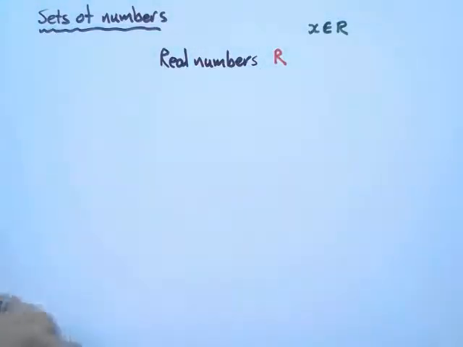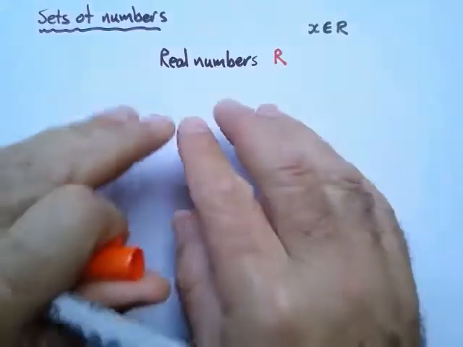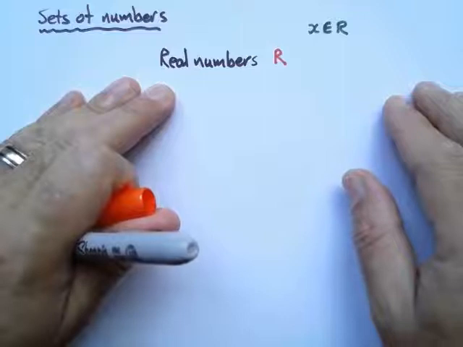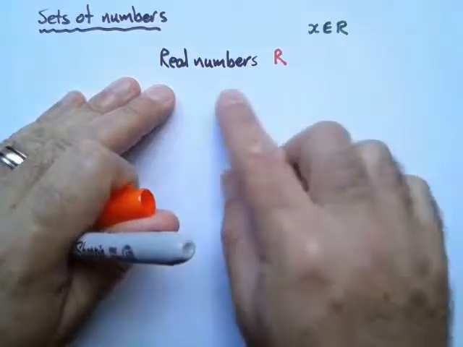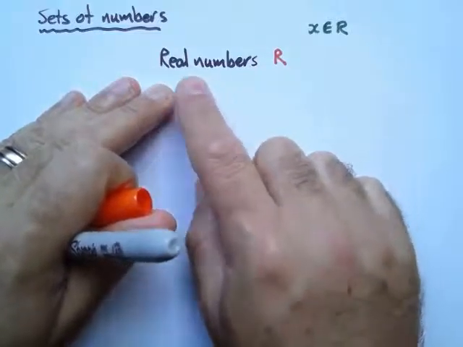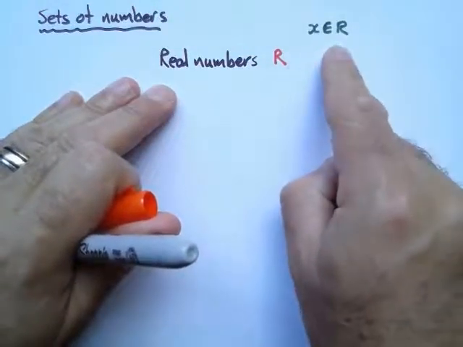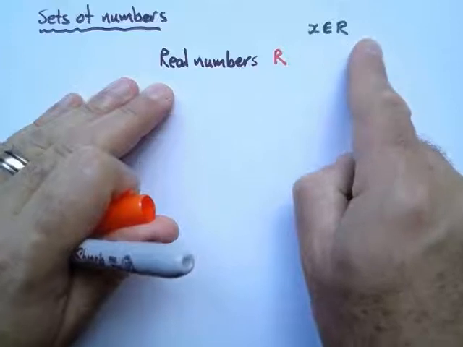Now there is something called imaginary numbers, and if you do Math C, you will look at that. So it can either be real numbers or imaginary numbers or complex numbers, of which we are only going to look at the real numbers now. So the real numbers, we use the symbol R, like in this example. X is an element of the real numbers.